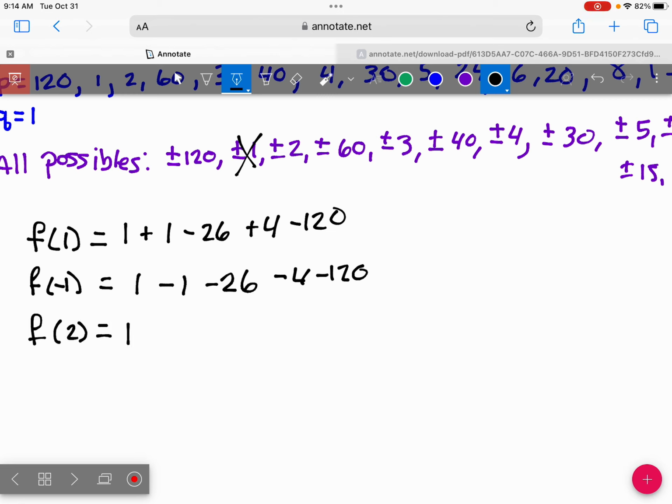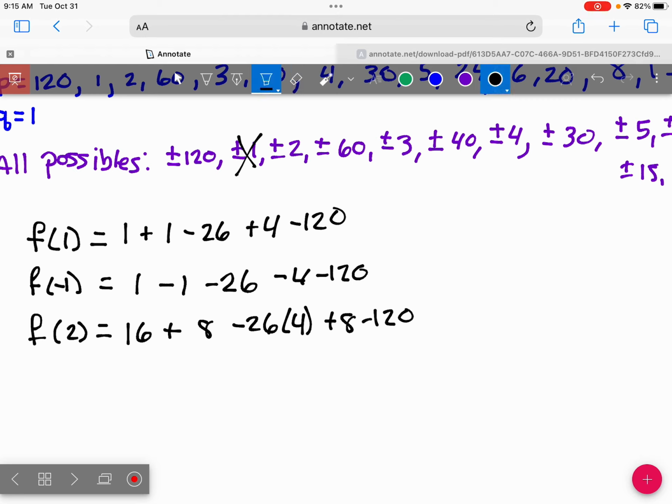2 is going to give us 16 plus 18 minus 26 times 4, plus 8 minus 120. Any chance that guy's going to be 0? 8, sorry. That's what happens when I'm talking and writing at the same time. Let's get all the way down to value and see what you think, Tommy.